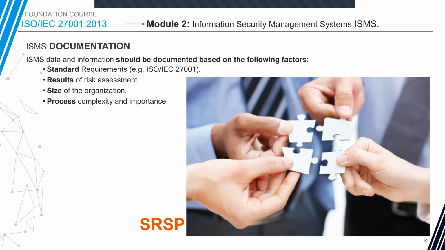If you are implementing any standard such as ISO 27001, PCI, HIPAA, whatever it is, then whatever documents are required by these standards, you have to apply and keep a copy of them. Then the external auditor will come and see.